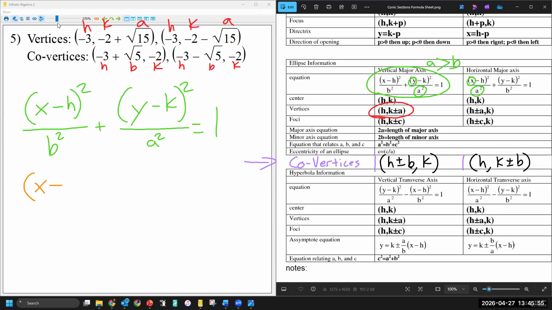So I'm just going to plus 3. Right? Y minus, what is K? K is -2. So we're going to put plus 2. So we're going to opposite signs, just like we did yesterday with circles.